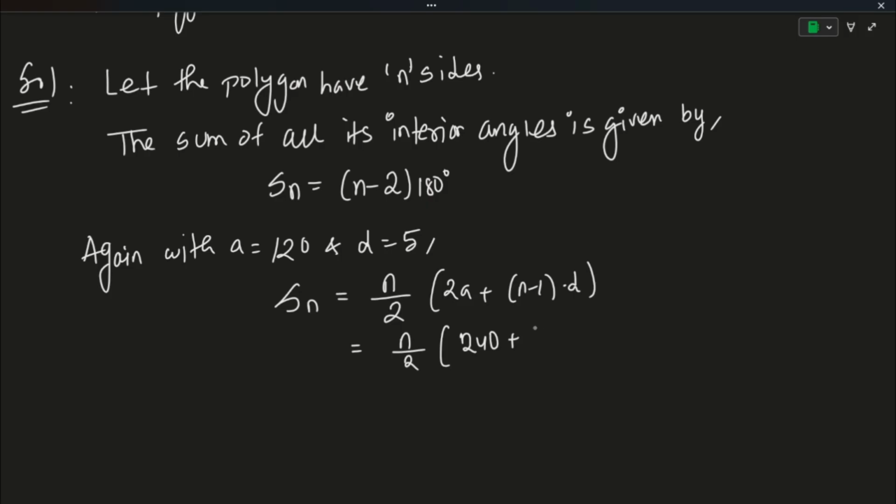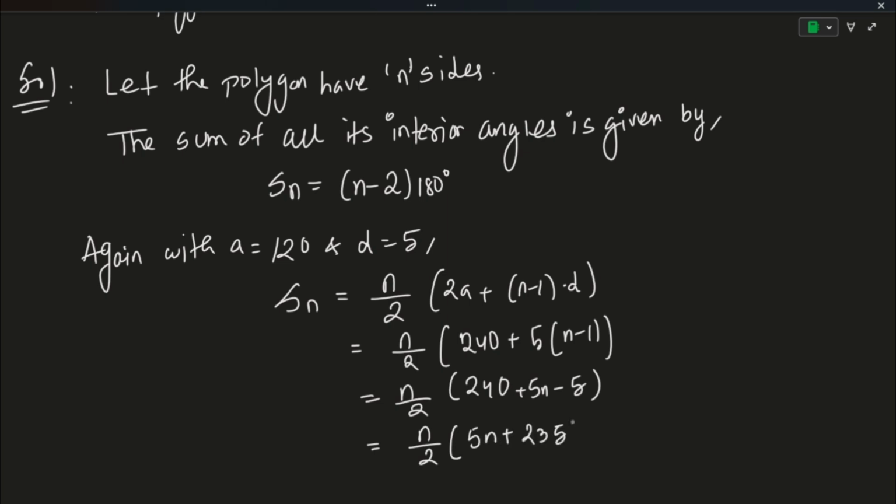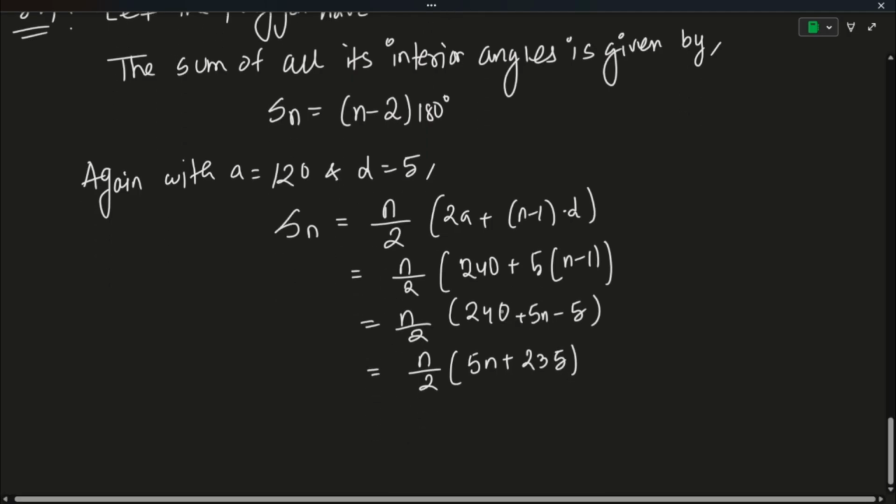We don't know n, so we write 5 whole into n minus 1. Let us simplify this. n by 2 whole into 240 plus 5n minus 5, and this equals n by 2 whole into 5n plus 235. That is going to be the expression for Sn.